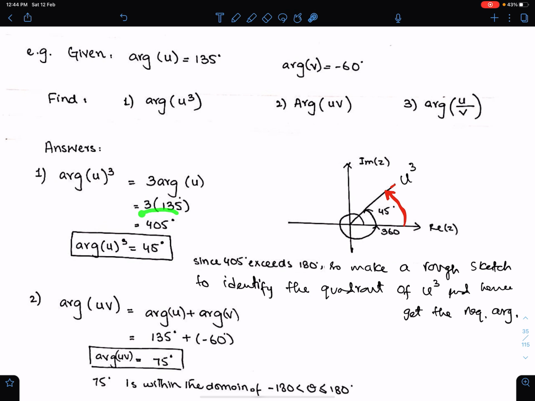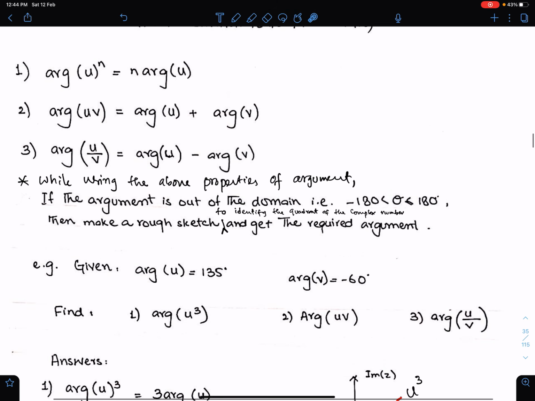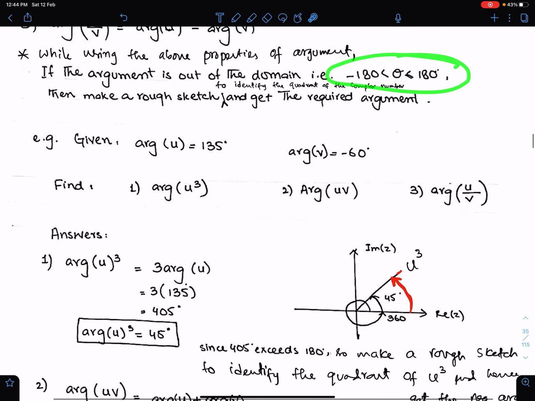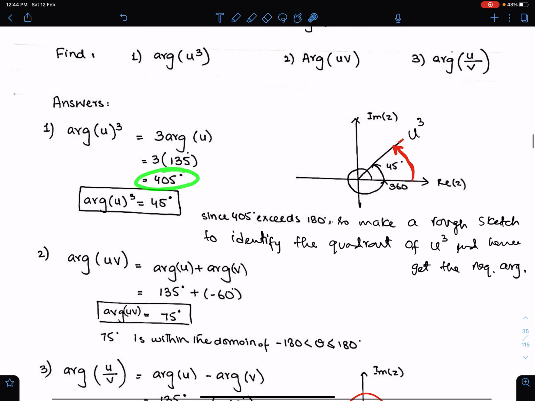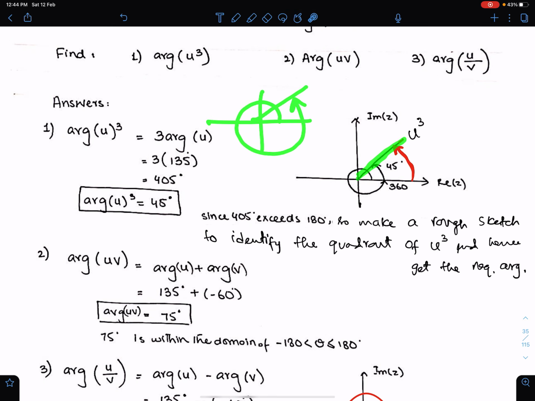Since this angle is outside the standard domain of the argument, we have to sketch this 405, and this is in the first quadrant. 405 is here, so the basic angle should be 45.